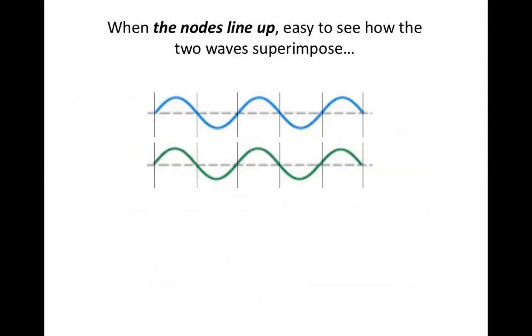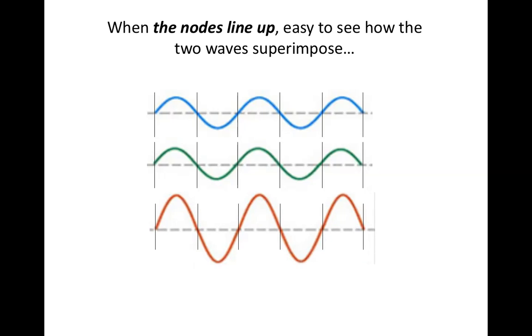When the nodes line up, it's easy to see how the 2 waves superimpose. If the nodes line up perfectly, the wavelength and frequencies are exactly the same.